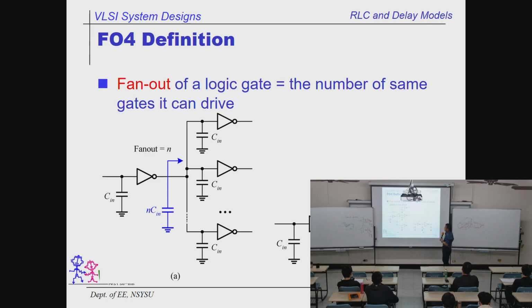The fan-out of a gate equals the number of the same gates it can drive. That's the definition. Fan-out of 4 means that a single inverter is going to drive 4 identical inverters. Fan-out of 4 for a NAND gate means the same thing. A single NAND gate is used to drive 4 identical NAND gates.